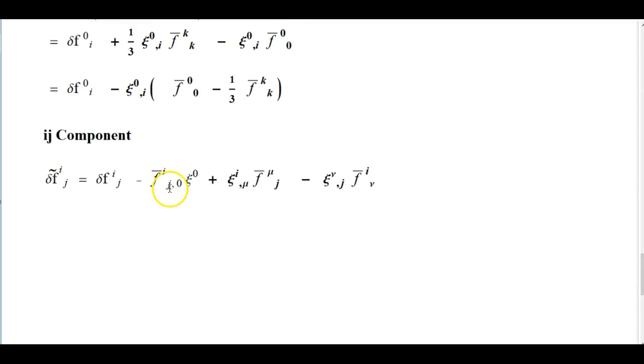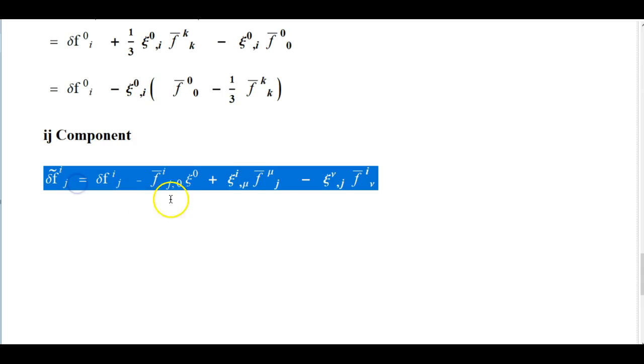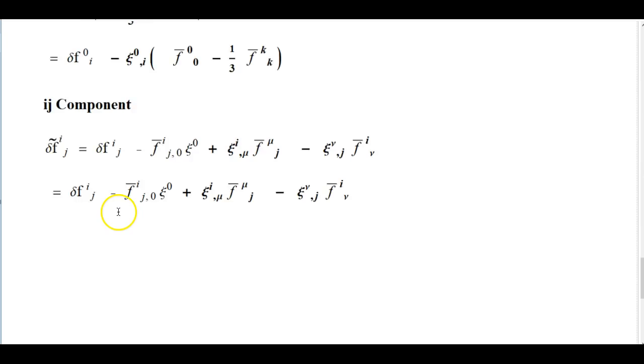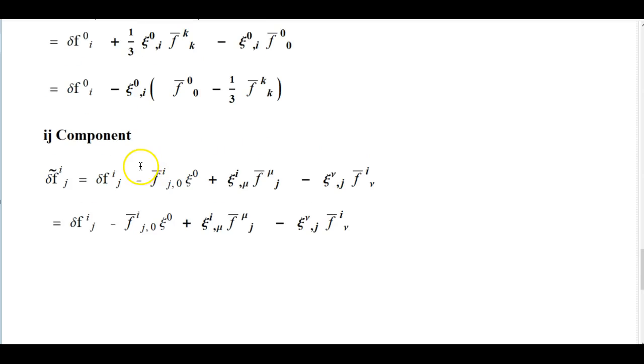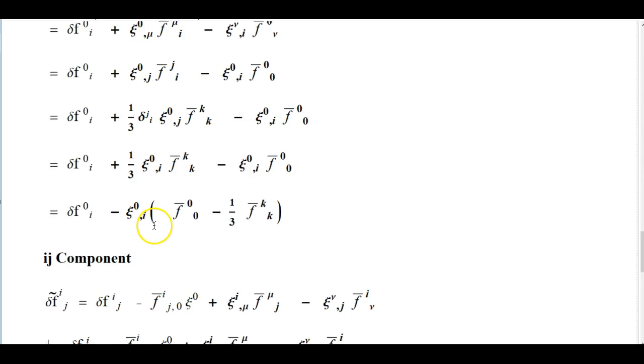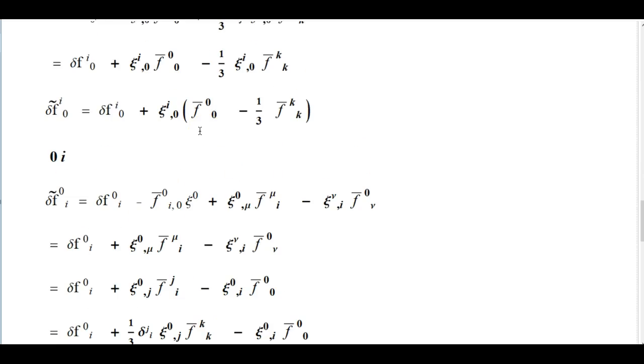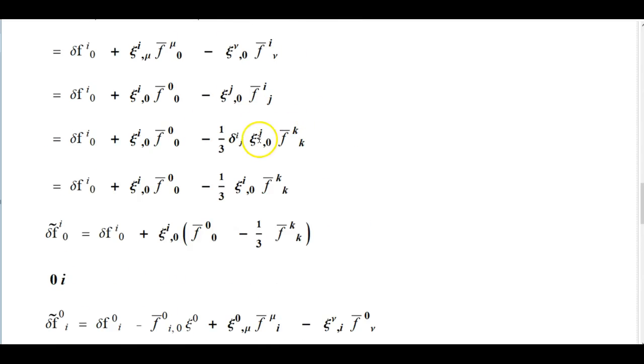Now f bar ij. Let's do simplification one by one. F bar ij is 1 by 3 delta ij f bar kk. We have looked at it here.